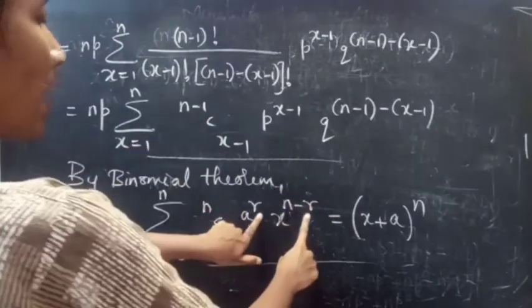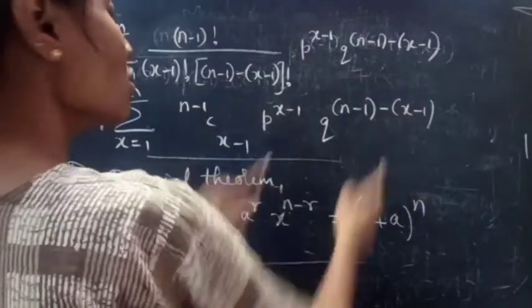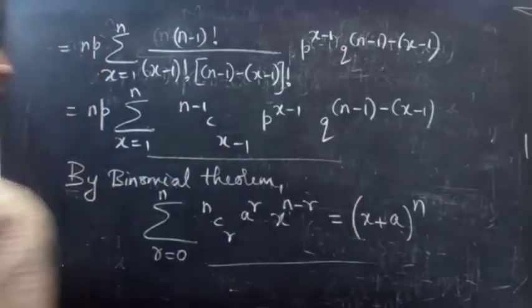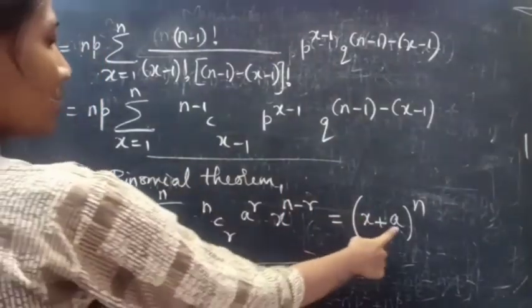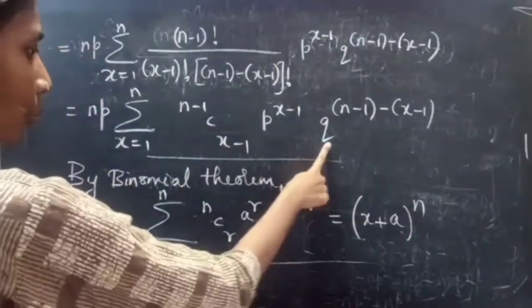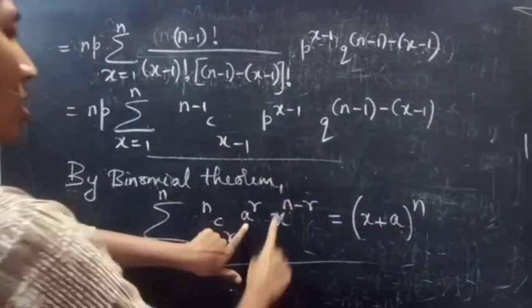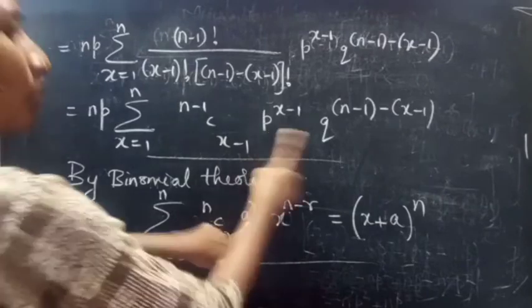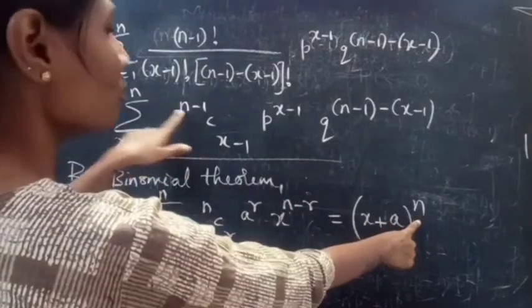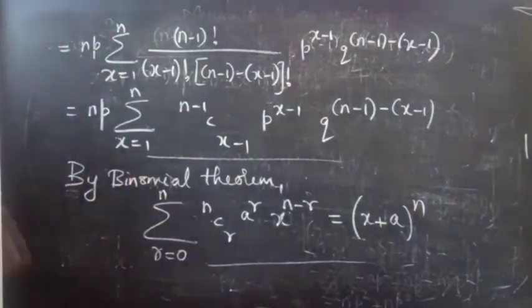So you could write this total expression as x plus a whole power n, that is, in the place of x, you are having q plus, in the place of a, you are having p, power n. In the place of n, you are having n minus 1.